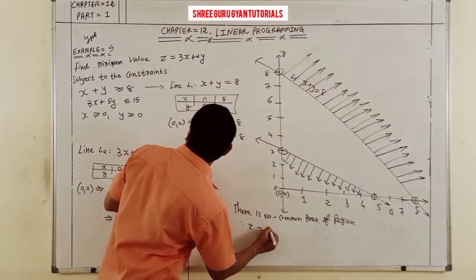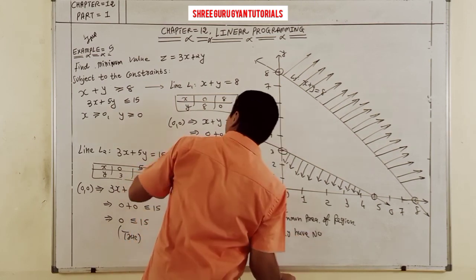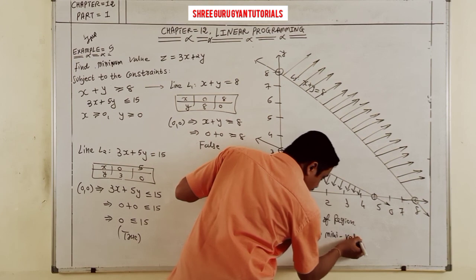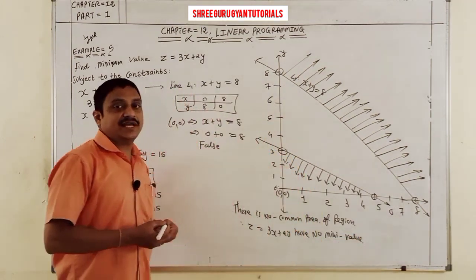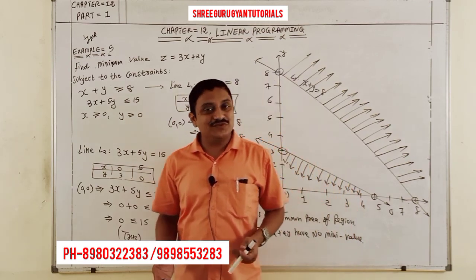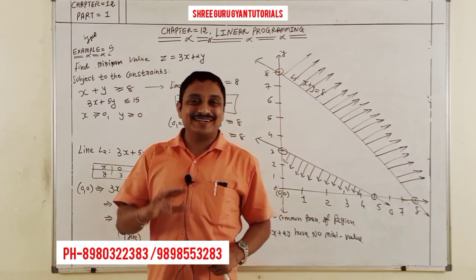Therefore Z equals 3x plus 2y has no minimum value. And here students, our example 5 is done, and after that I will stop this video and give further explanations of exercise 12.1 in the next parts. Bye bye.